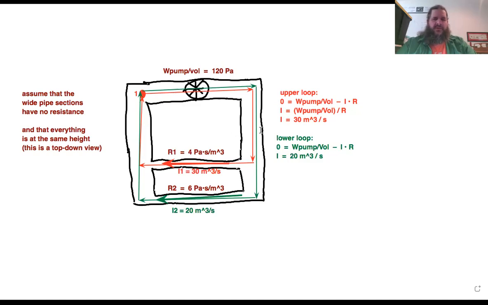In this case, though, if we only are considering resistance in these narrow pipes, then we would say that the current being multiplied by the resistance of that pipe is just the current in that pipe.